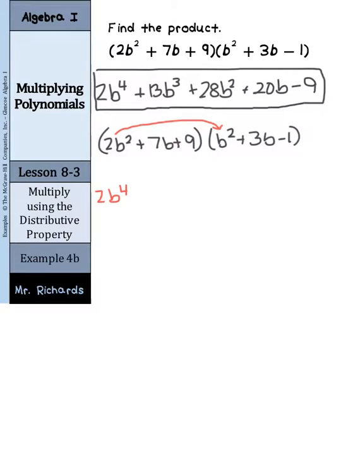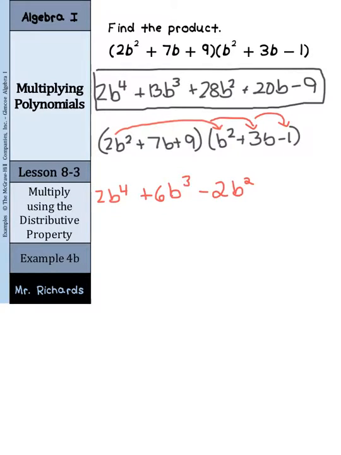Next, we'll take that 2b squared and multiply it by the 3b, and 2 times 3 is 6, so we're left with 6. b squared times b is b to the 3rd. And lastly, 2b squared times negative 1 is a negative 2b squared. Now what about the 7b?